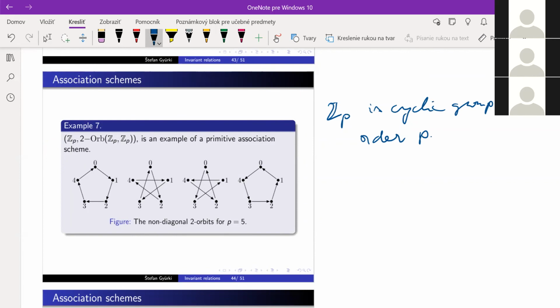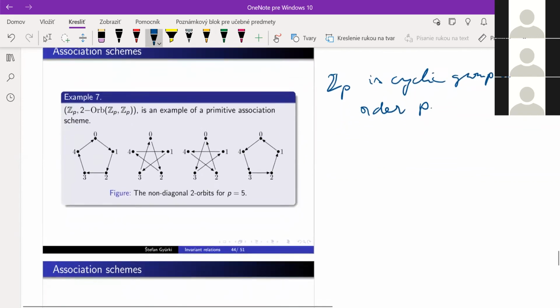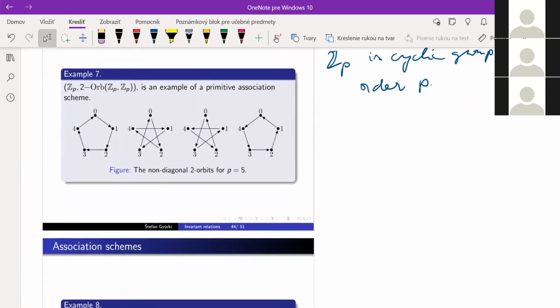The picture is showing what's going on when the prime number p is equal to 5. In the last series of homework, I gave you a task to show that a similar thing happens when you are considering the dihedral group.